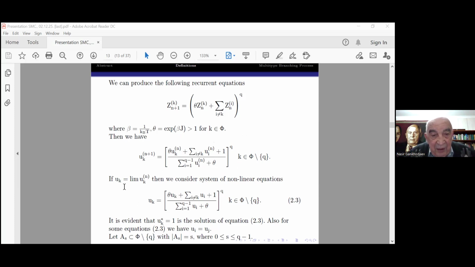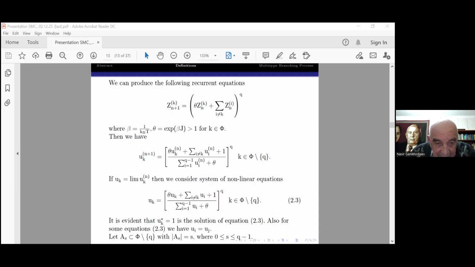If the limit u k exists, then we consider the system of fixed points of these nonlinear equations. It is evident that u k equal to 1 is a solution. We can also verify that for some indexes, for some spins, these equations will have equality, u i, for example, equal to u j. So now we can investigate all limits.